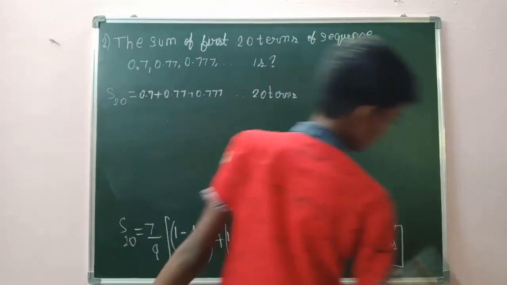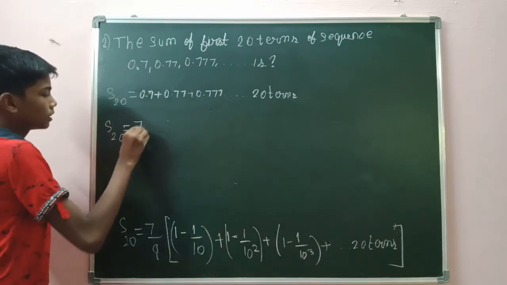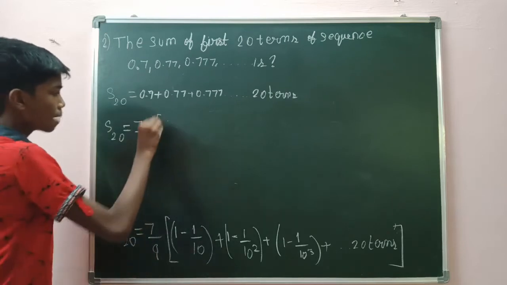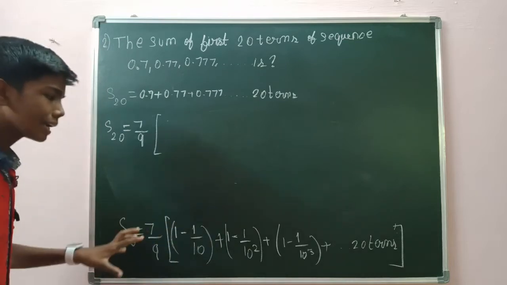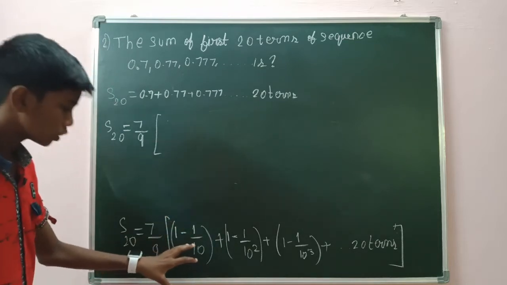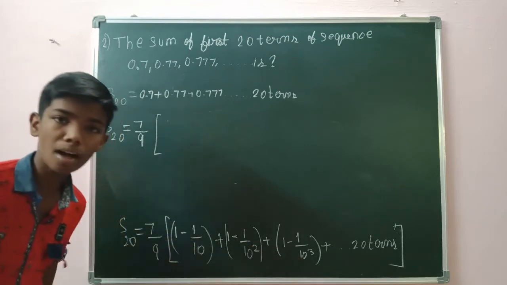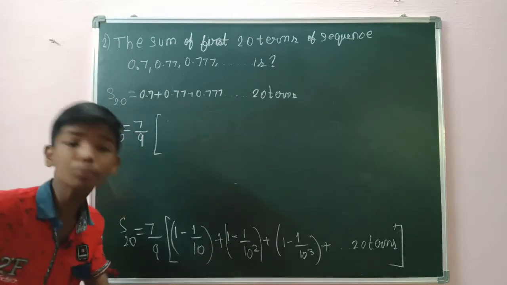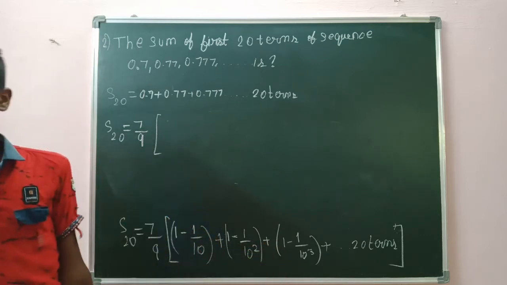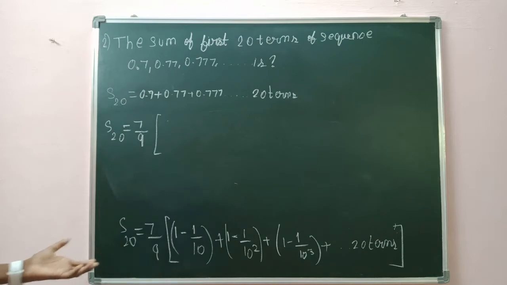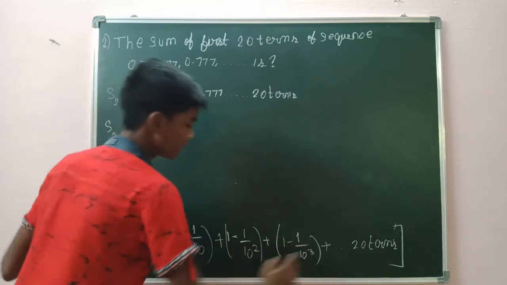So people, I can write the same S20 as 1 by 9 into, listen, 1 minus 1 by 10 plus 1 minus 1 by 10 square, and like that it goes on. When I open this bracket, anyway it will remain the same. It will be 1 minus 1 by 10 plus 1 minus 1 by 10 square, like that. Because I am having plus for each and every term, the symbol doesn't change. If you have minus, then the symbol will change. Basic thing, addition and subtraction of algebraic expressions. But here I am having arithmetic expressions. That's the difference. So here, I am having 1 minus 1 by 10 plus 1 minus 1 by 10 square plus 1 minus 1 by 10 cube.